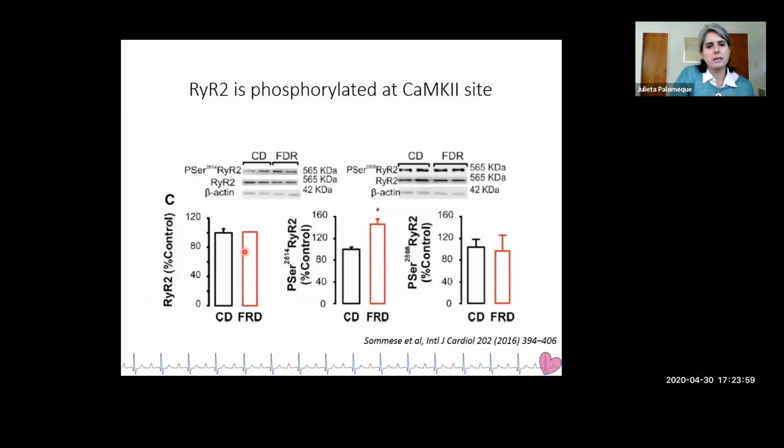So we could detect that the expression of total ryanodine receptor 2 is not modified by the diet, but when we examine the serine 2814 site of ryanodine receptor 2, we can detect an increase in phosphorylation under the fructose-rich diet. This is in cardiac homogenates. And when we examine the PKA site, serine 2808, we cannot detect any modification.